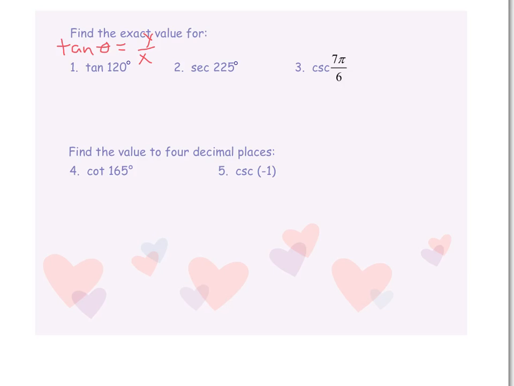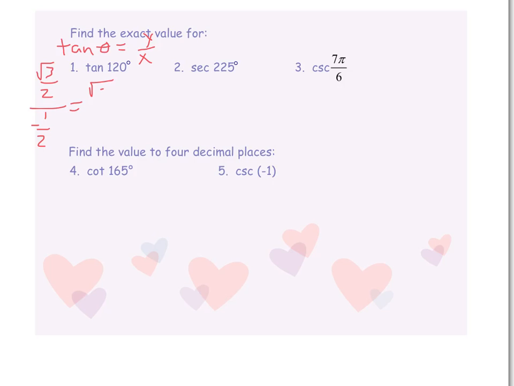At 120 degrees, what I find on the unit circle is the y-coordinate is the square root of 3 over 2. The x-coordinate is negative 1/2. Y over x is tangent, so I take the y and divide it by the x.